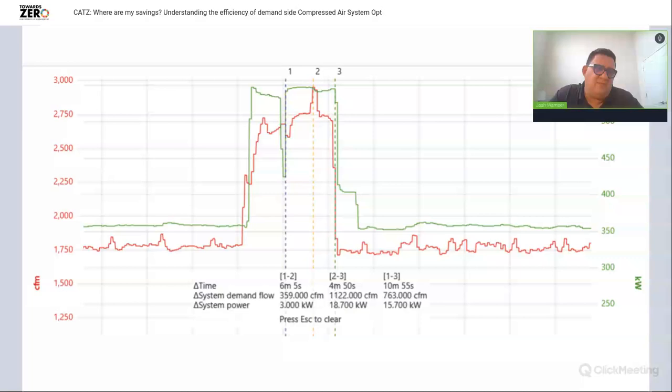And when you consider working in a facility where you save the customer 359 CFM, and they're expecting that to be 55 kilowatts of savings, and you come back and say, oh my goodness, it's 3 kilowatts in savings. That's like 5%. That's 5% of expectation. That's a pretty rough scenario.